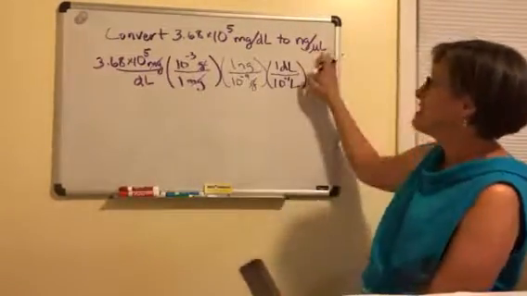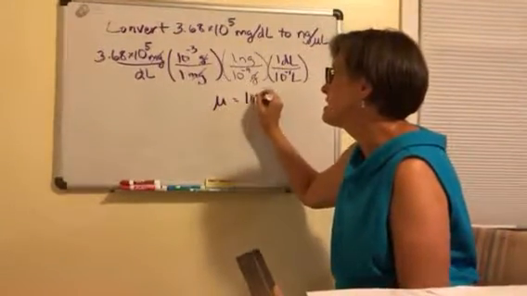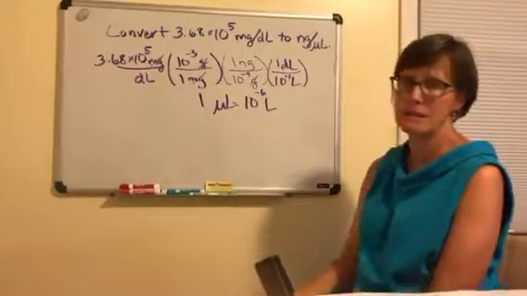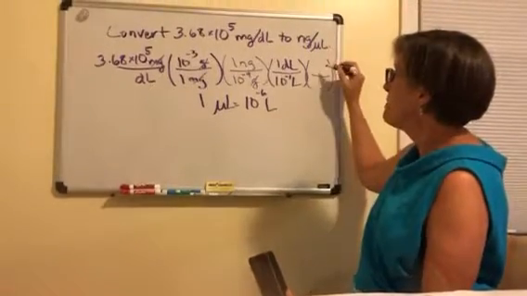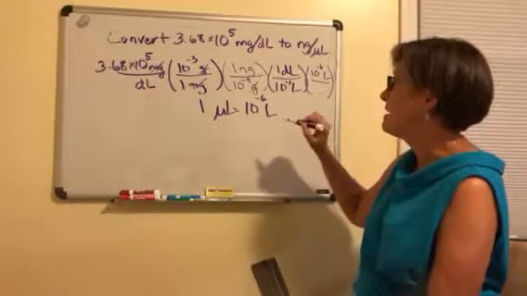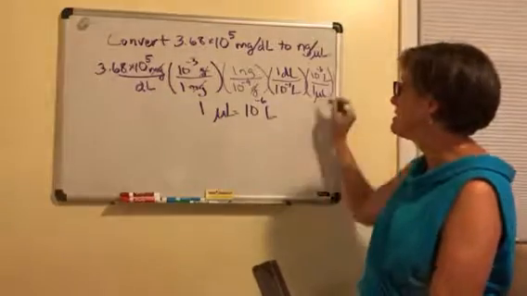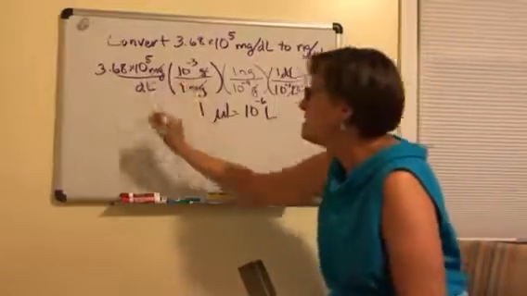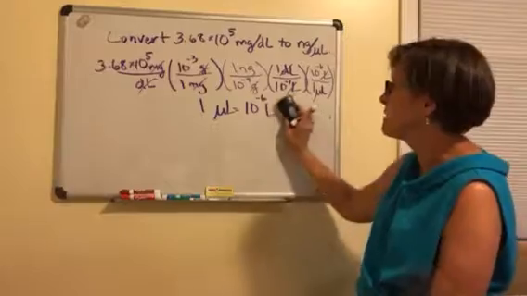And then finally, to get to microliters, micro means 10 to the negative 6th. So 1 microliter is 10 to the negative 6 liters. In solving this problem, then, the 10 to the negative 6th liters would be in the numerator, and 1 microliter would be in the denominator. Liters come out, deciliters cancel, and the units that are left are nanograms per microliter.